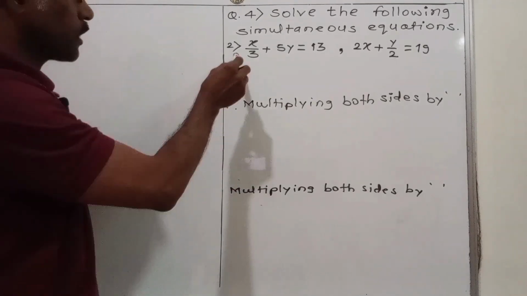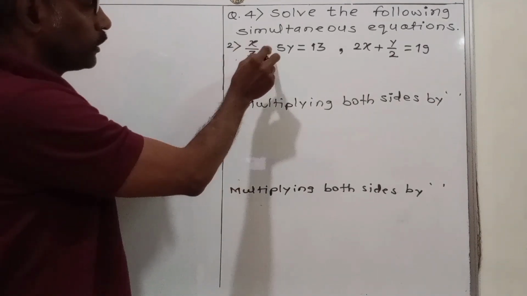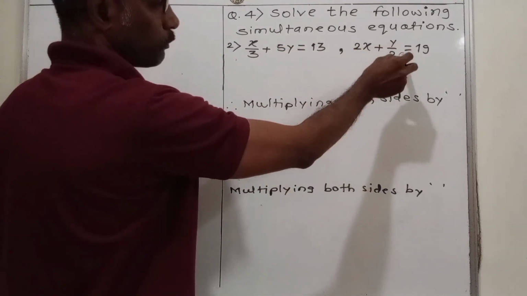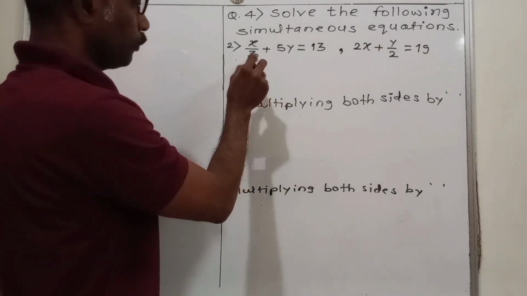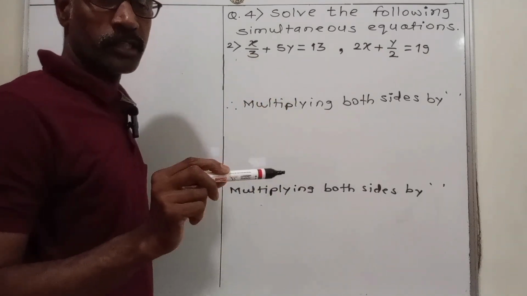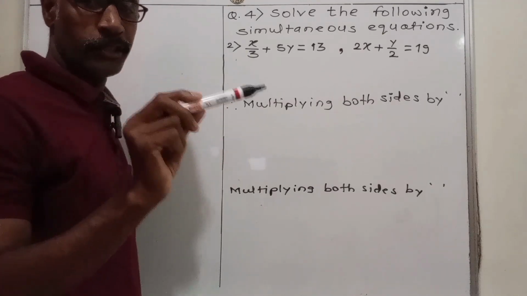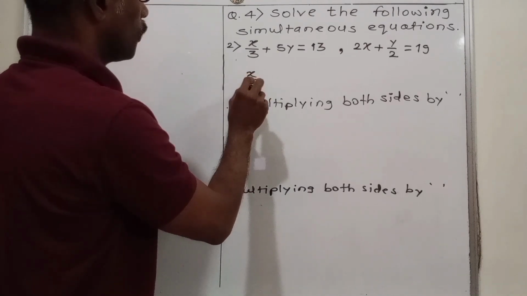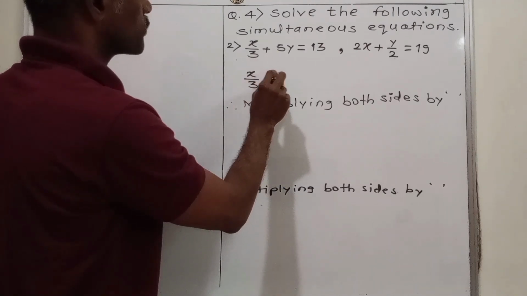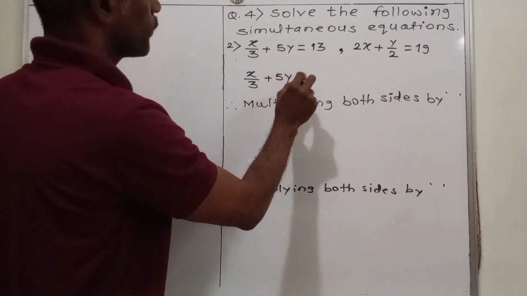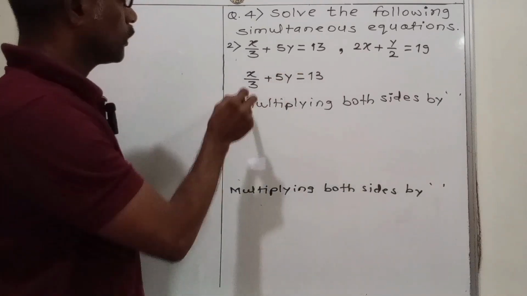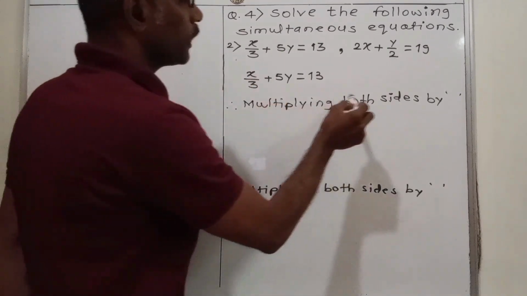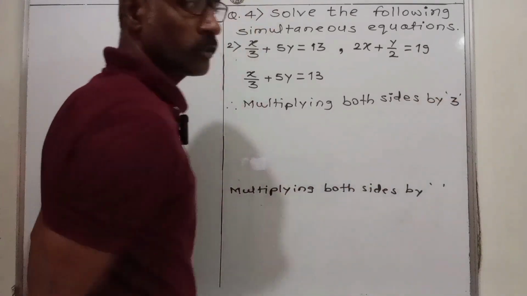Question number 4, example number 2. x upon 3 plus 5y is equal to 13. 2x plus y upon 2 is equal to 19. Now here denominator. So first we eliminate denominator. See this. Therefore, x upon 3 plus 5y is equal to 13. Now for elimination of this denominator 3, multiplying both sides by 3.